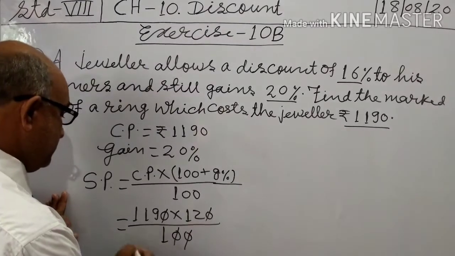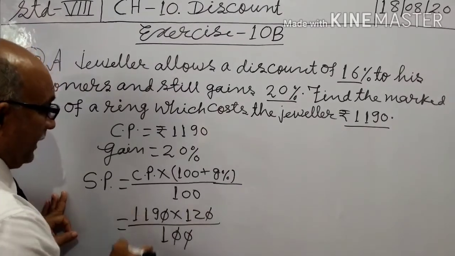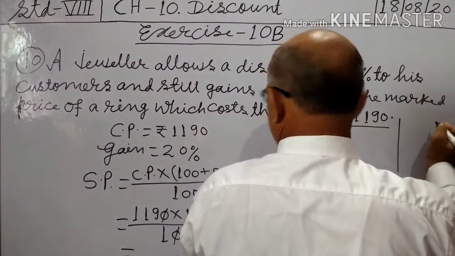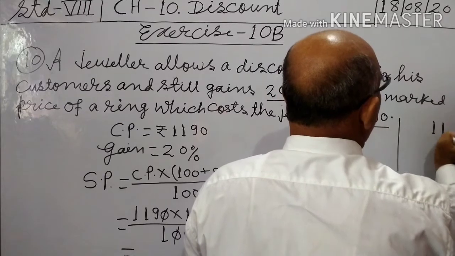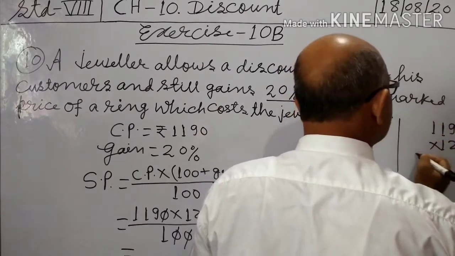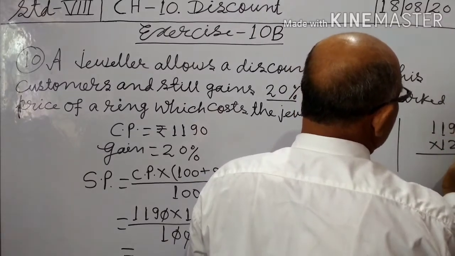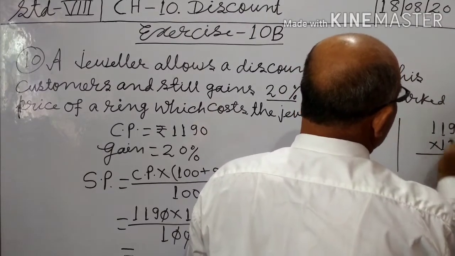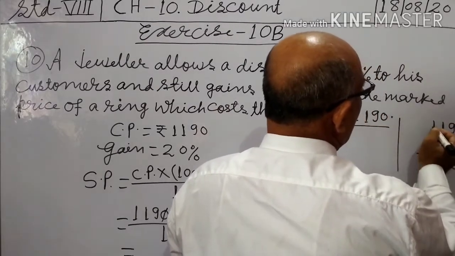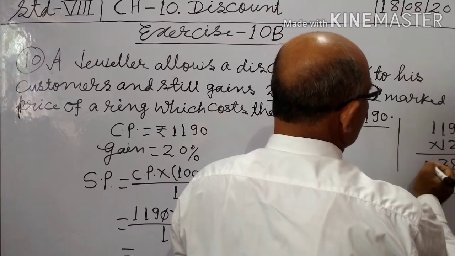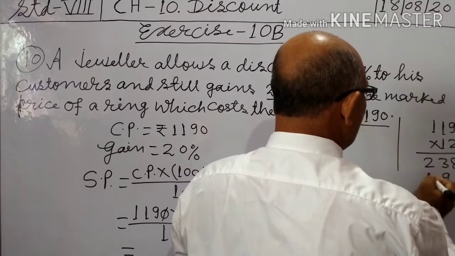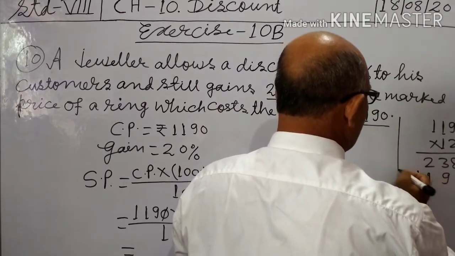Now 119 multiplied by 12. 9 twos are 18, carry 1. 1 two is 2 plus 1, 3. 1 two is 2. 9 ones are 9, 1 one is 1, 1 one is 1.